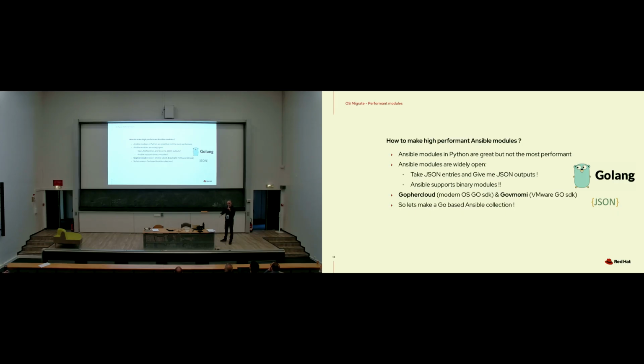The cool thing with Ansible modules is that there are only two rules. It's widely open, and you have to stick to two rules: it just takes JSON as input and gives JSON as output. So since you are following this rule, you can do whatever you want in the middle. That means that you can use binary modules. So we decided to go with the Go language, in particular because there is the Gophercloud SDK package, which is supported and well maintained.